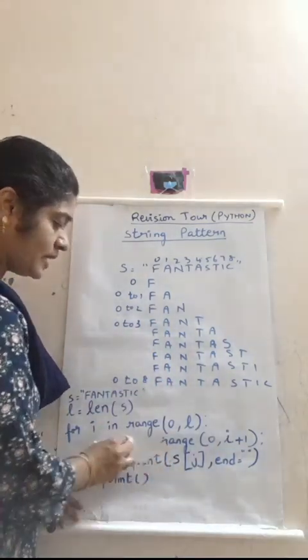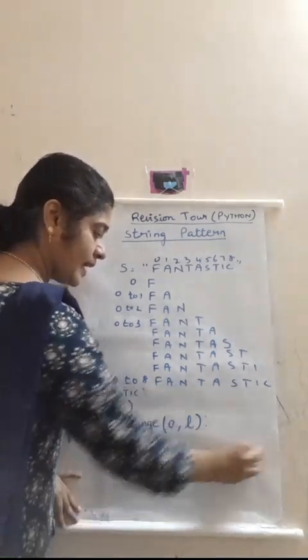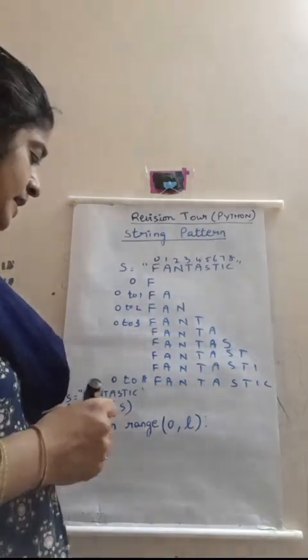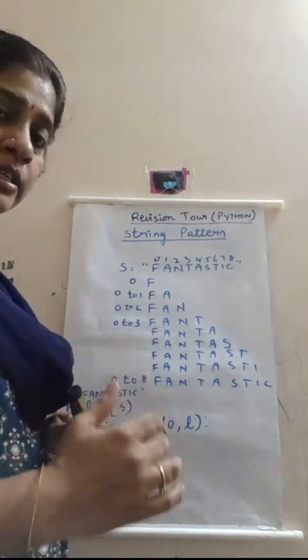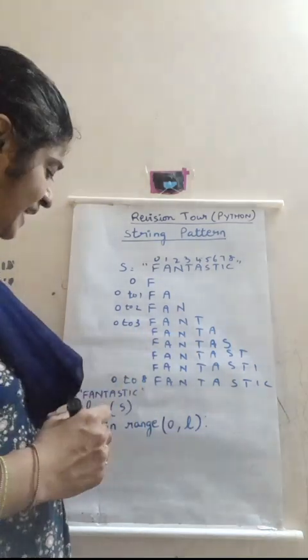What you have to do is remove the nested loop here and write the substring, that is, do string slicing.